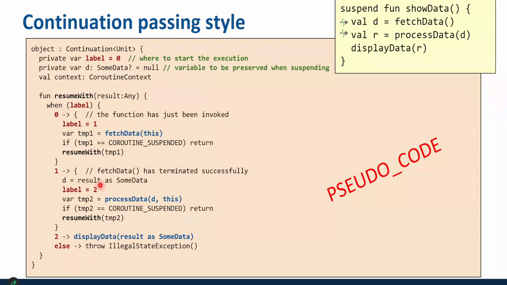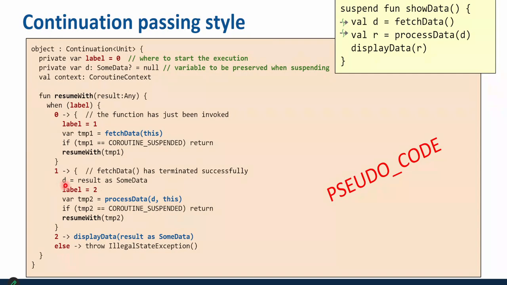You do almost the same, and if you look very thoroughly at this code, you will see that the R is actually not hosted as a local variable in the continuation. Why is that? Because for D, you need this to survive two state transitions here.